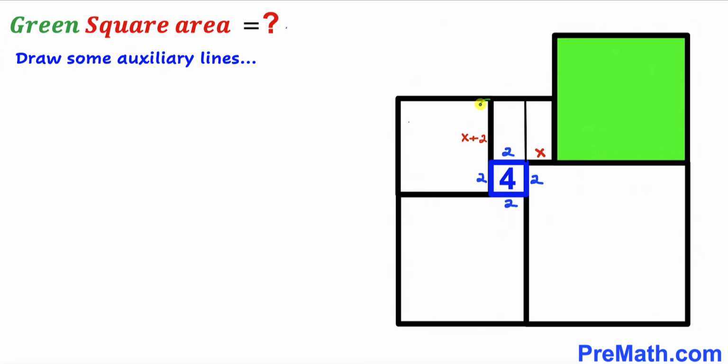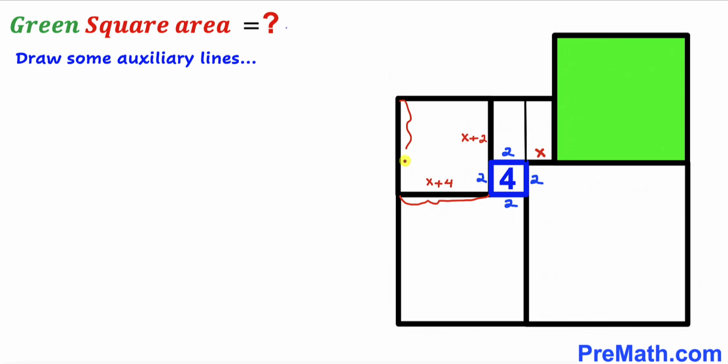Now we are going to focus on this white square. Its whole side length is x plus 2 plus 2, which gives us x plus 4. So this side length is x plus 4.